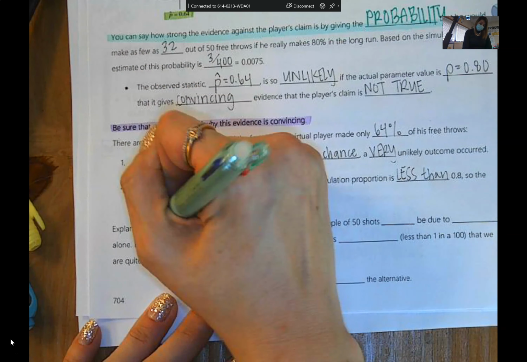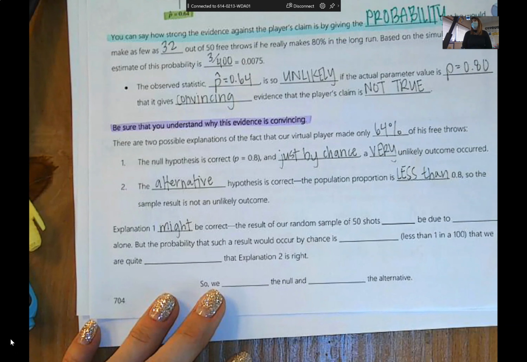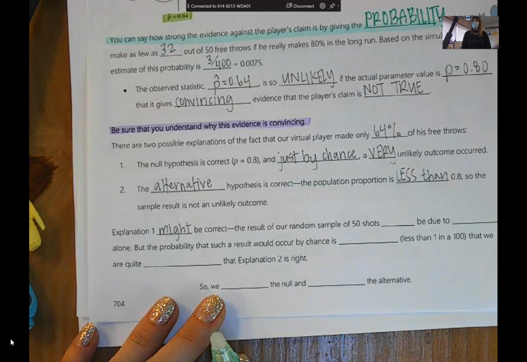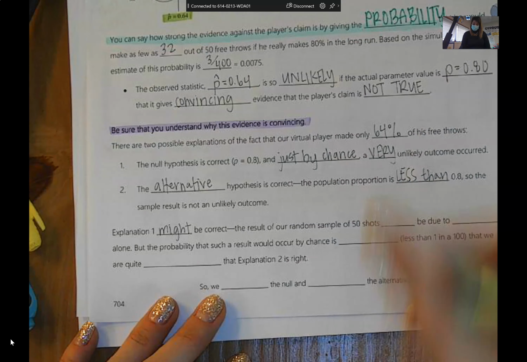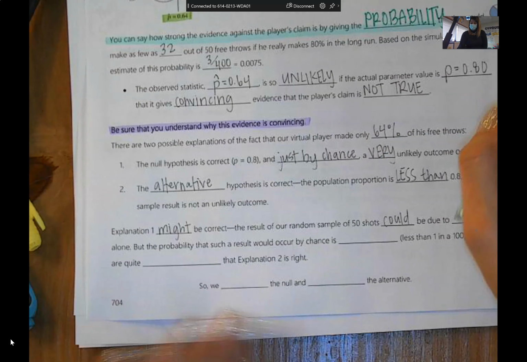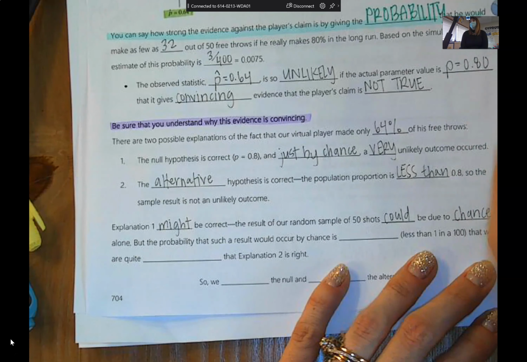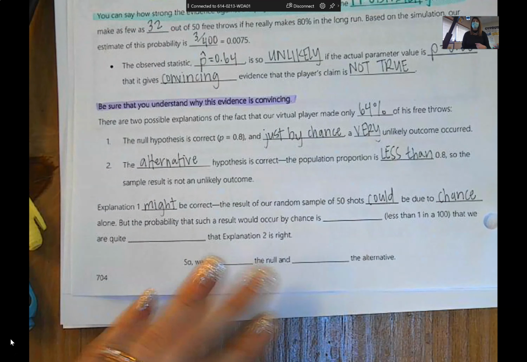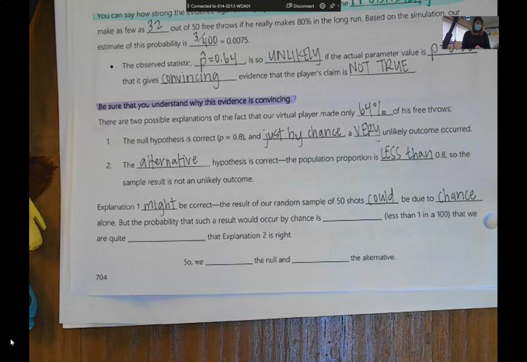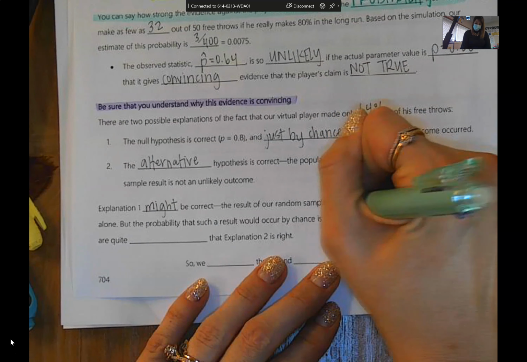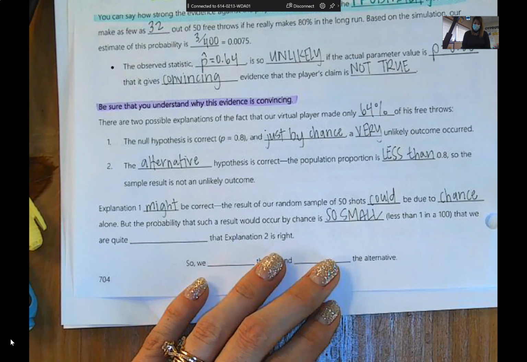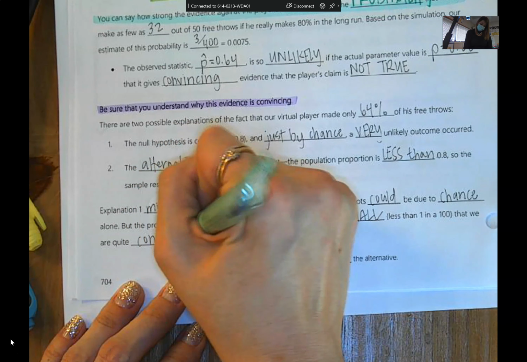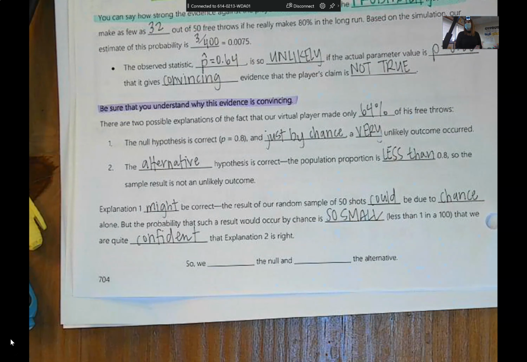Explanation one might be correct. The result of our random sample of 50 shots could be due to chance alone. But the probability of getting such a result is so small that we are quite confident that explanation two is right.